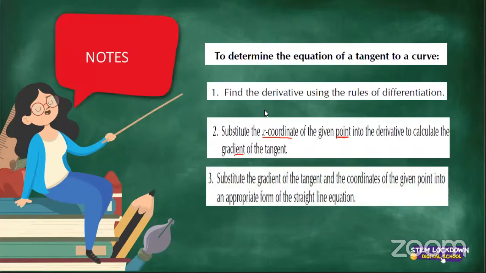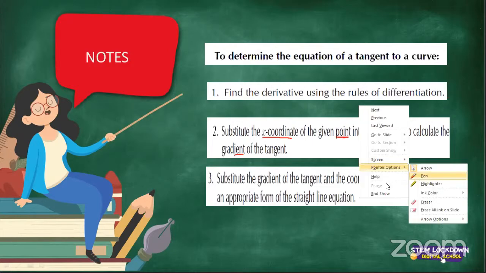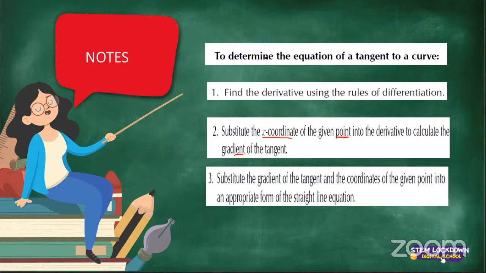you will substitute using the equation. I hope you still remember this. Because if you want to find the equation of a tangent, it is a straight line, okay, that touches your function at one point.